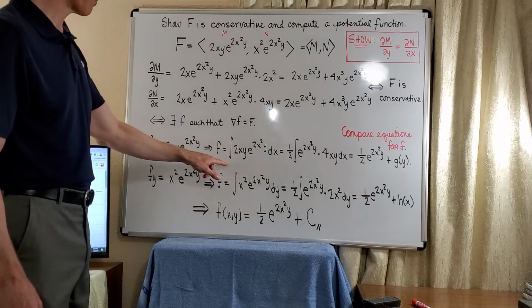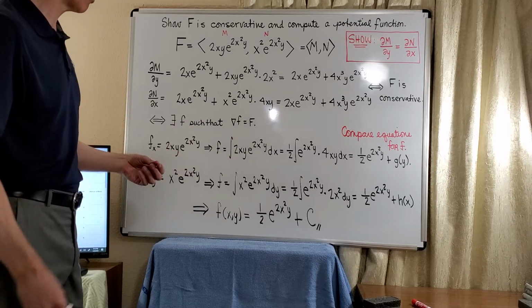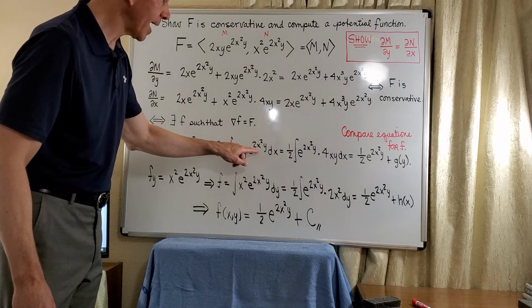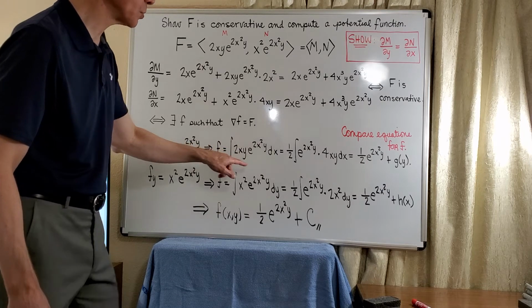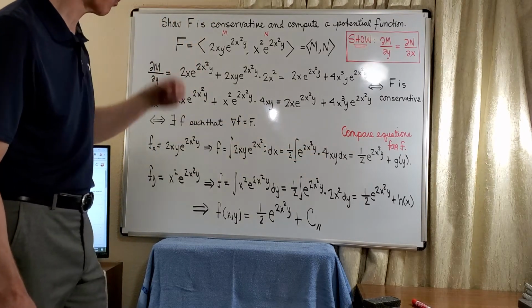Now we can do partial integration. Now, this is just like a Cal 1 integral, because when we look here and we take the x partial, we get a 4xy. We have a 2xy here, so we're going to have to multiply by 2 to get the 4xy, and then of course pay for that factor of 2 with a 1/2.